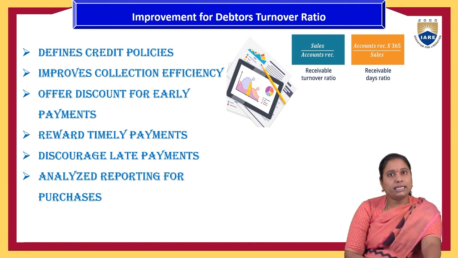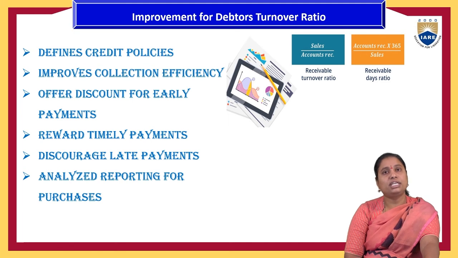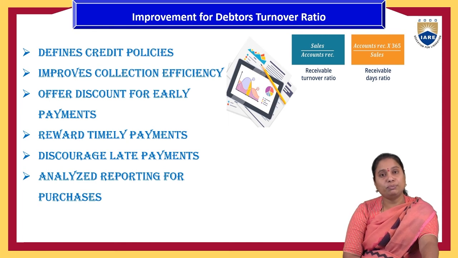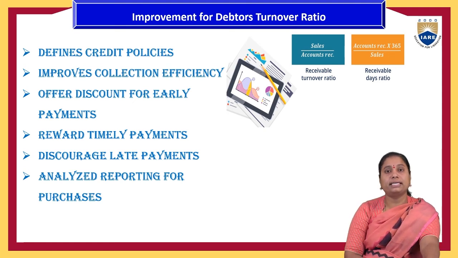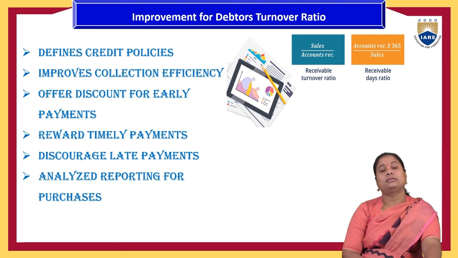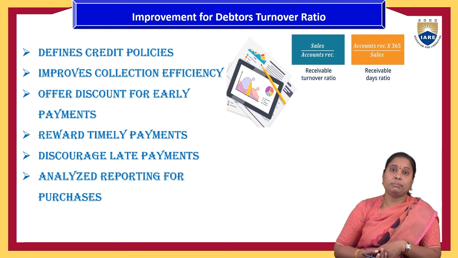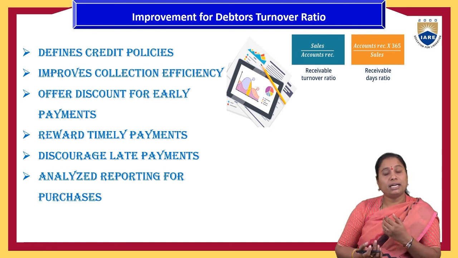To improve the debtors turnover ratio, the organization has to define credit policies. For example, the credit policy of the organization may allow up to 6 months, but it is not giving that much benefit, so they can change that credit policy, and they have to improve collection efficiency, like collateral or security amounts raised from people, and offer discounts for early payments.